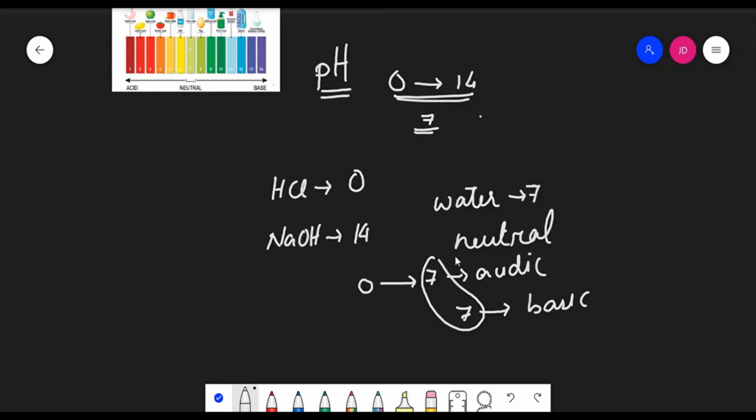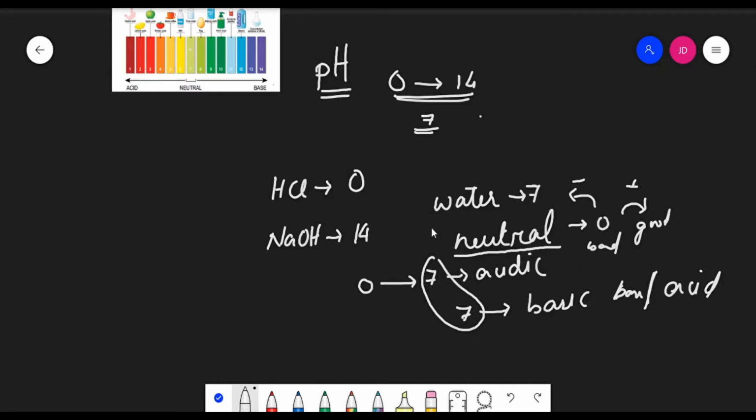Already I told you the neutral meaning. What is neutral? It was not exactly 0, it was neither this side nor that side. That means neither positive nor negative, neither good nor bad, or in this case neither acid nor base. So in between. So here our water is neutral, that means water is not acidic, and water is not basic either.